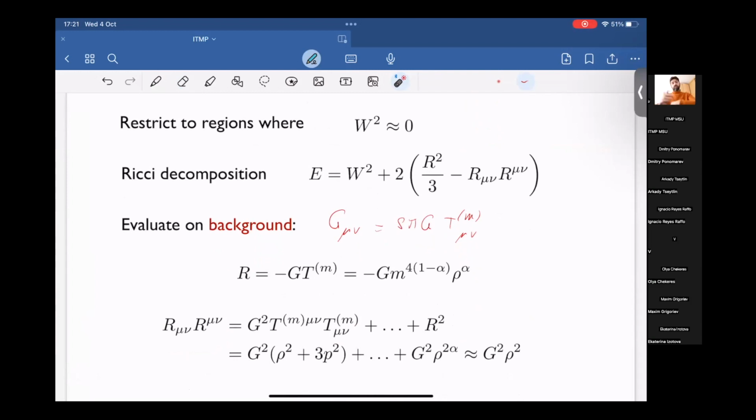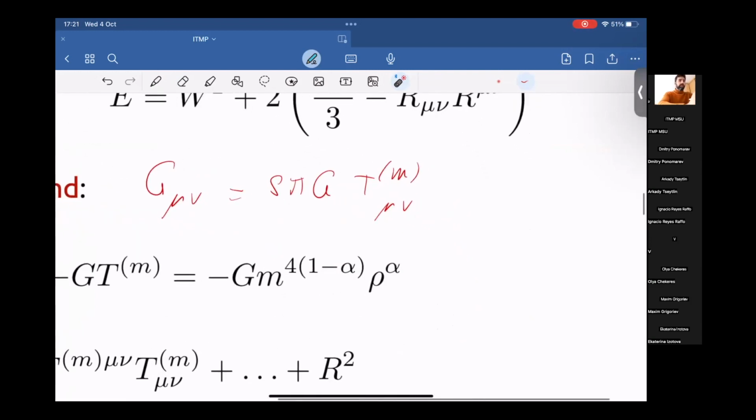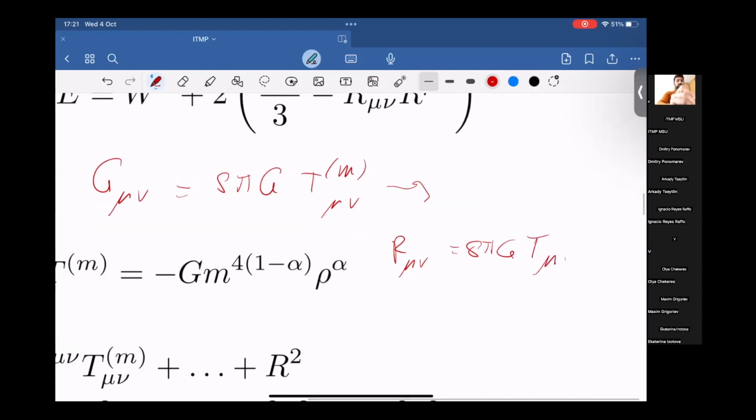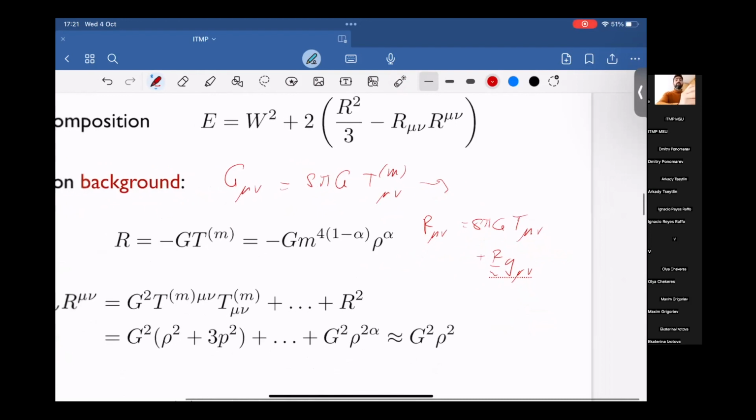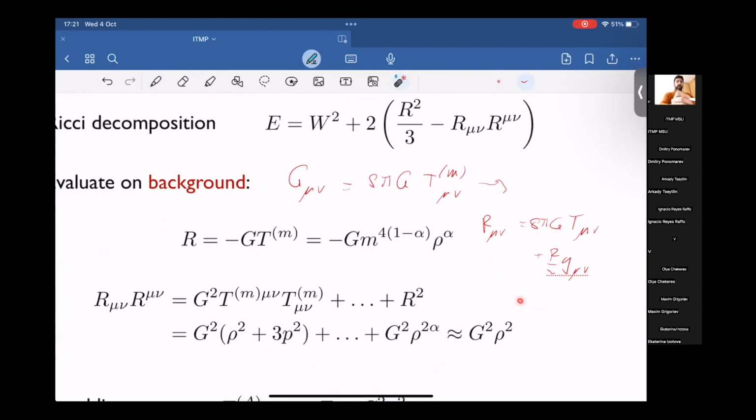To be more explicit, from this equation, we can always write this as R_μν = 8πG T_μν, and then we throw to the right-hand side R/2 g_μν. So I simply take that and I square it, and that's what I'm doing over here.